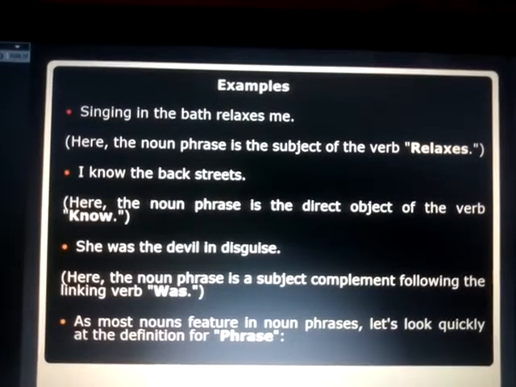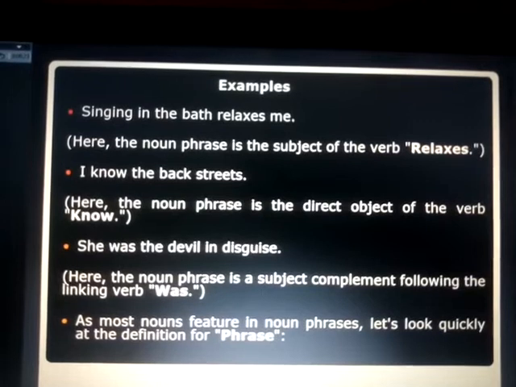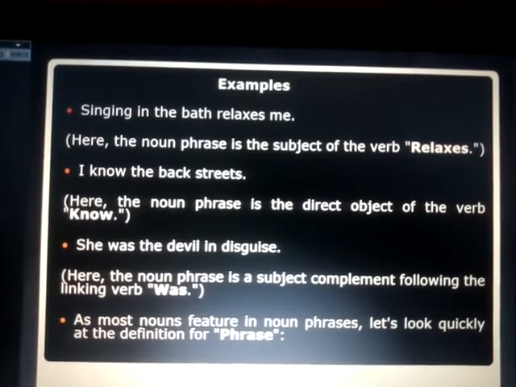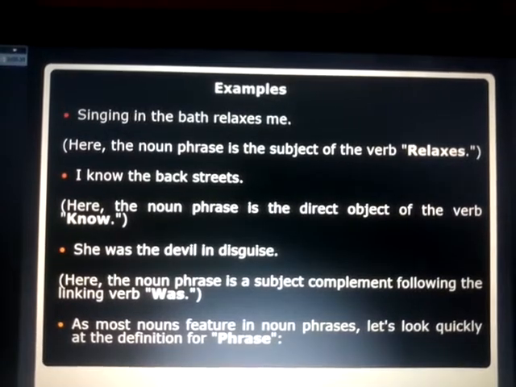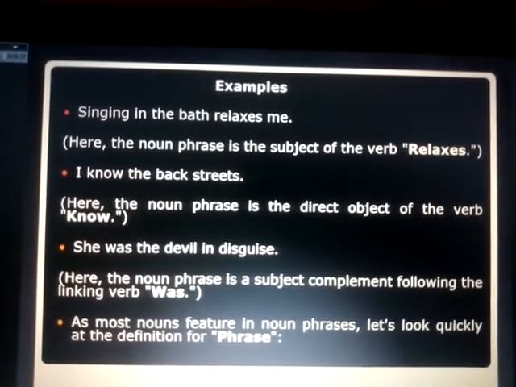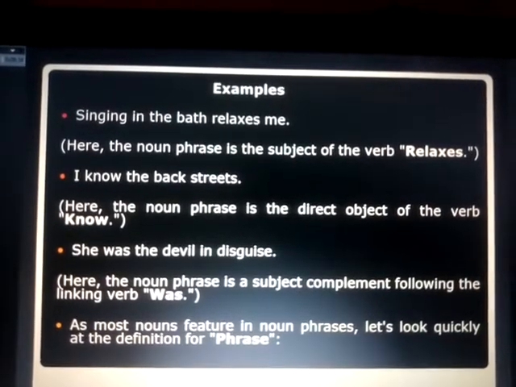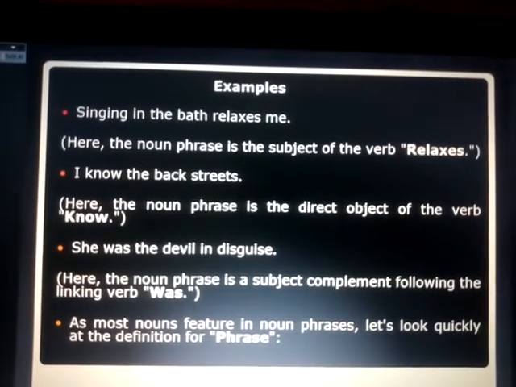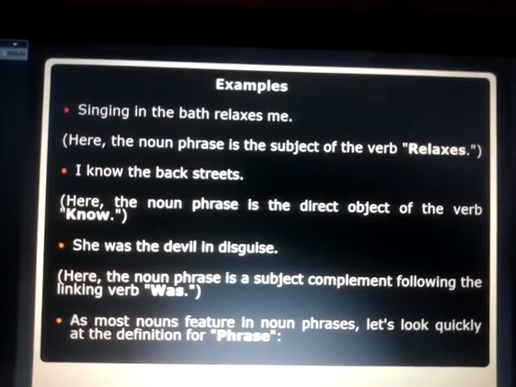Singing in the bath relaxes me. Here, the noun phrase is the subject of the verb relaxes.